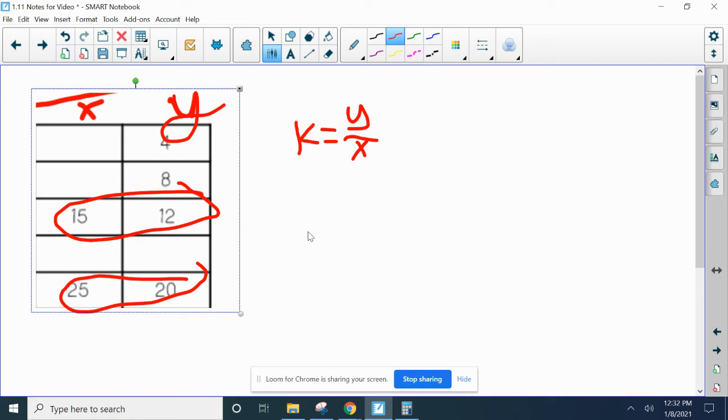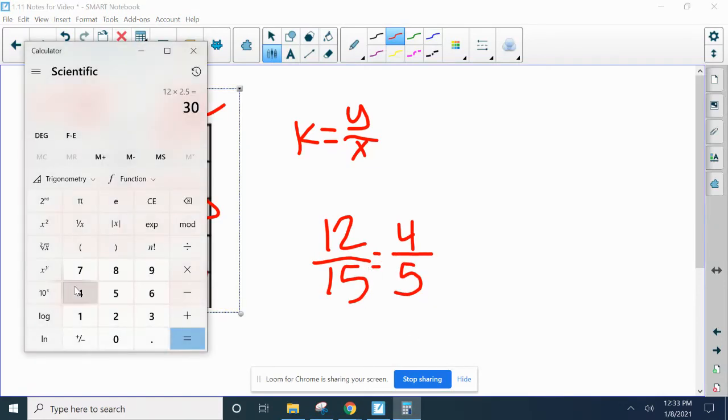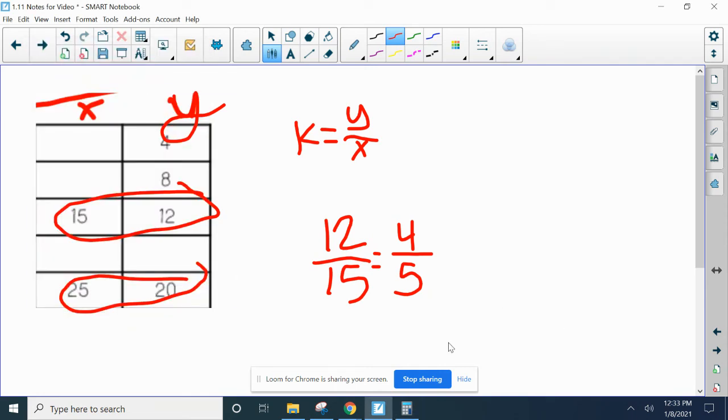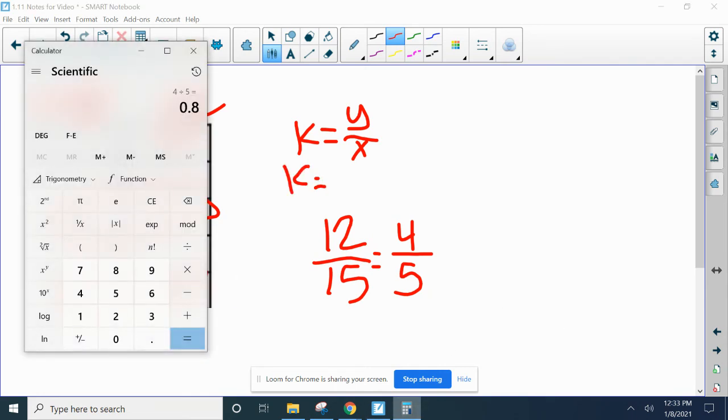So 12 over 15. And again, you could have made this a fraction, but then you have to multiply and divide by a fraction. So 12 divided by 15, you could have said that it was 4 over 5. Or you could have said 4 divided by 5 makes our constant, our k, 0.8.